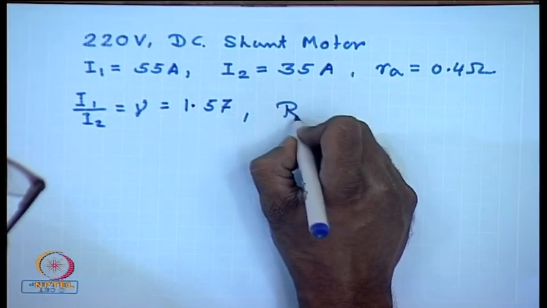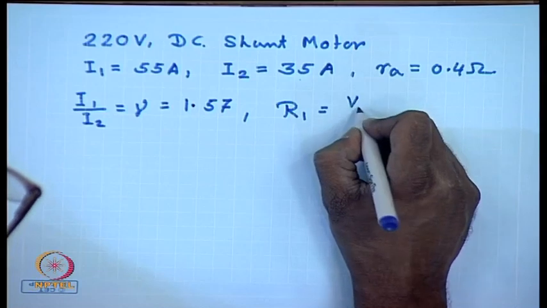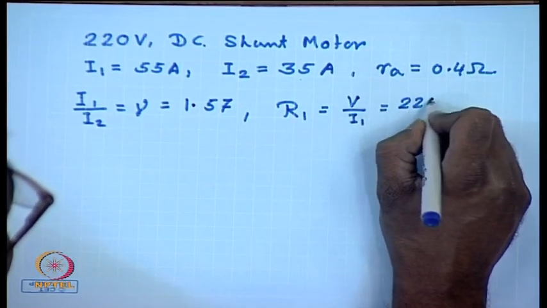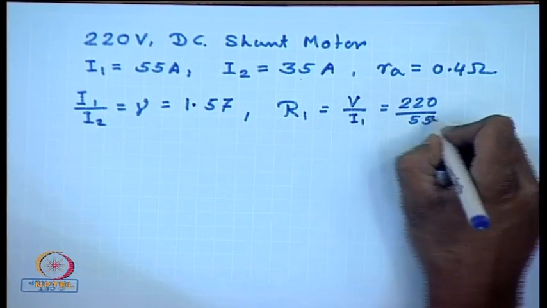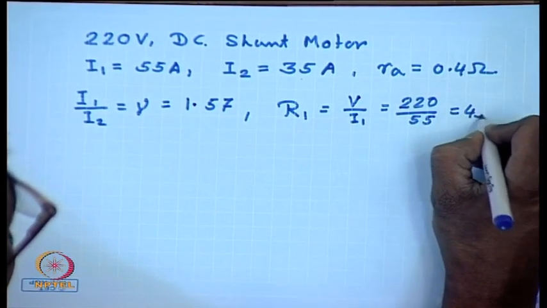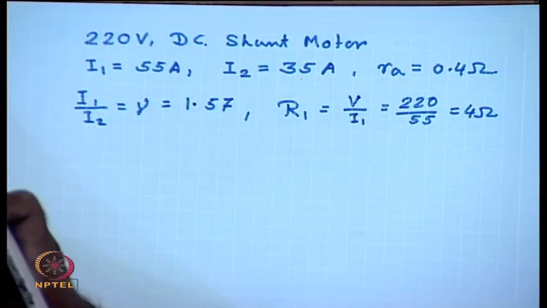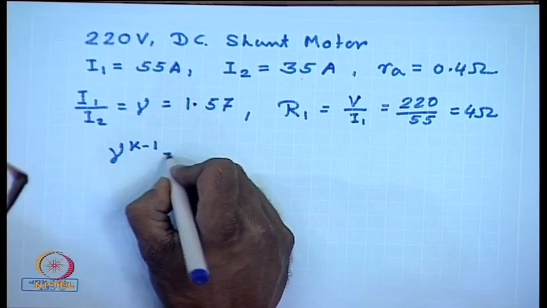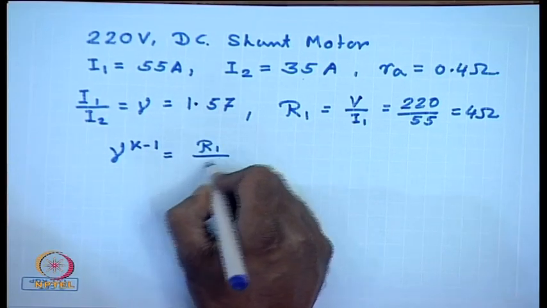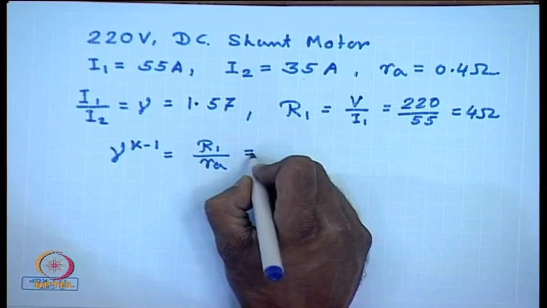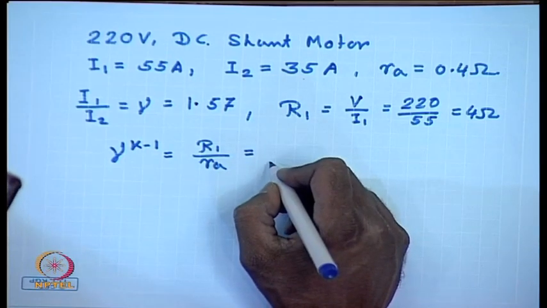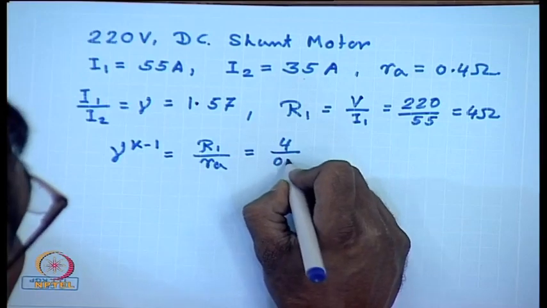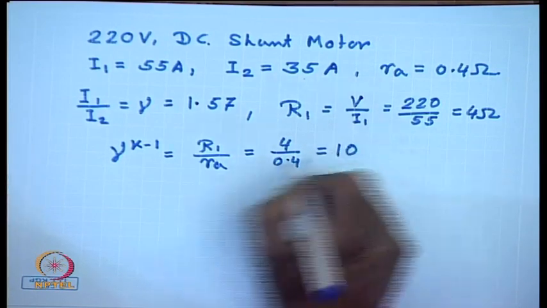and R1 equal to V by I1 equal to 220 by 55 equal to 4 ohm. Gamma to the power k minus 1 equal to R1 by Ra, which is equal to 4 divided by 0.4 equal to 10.